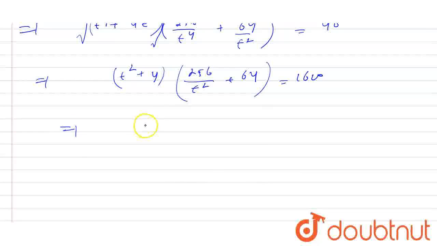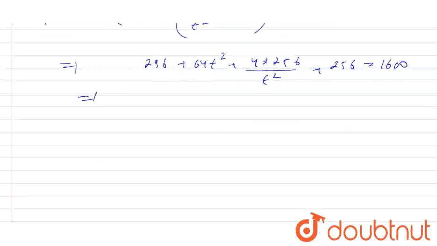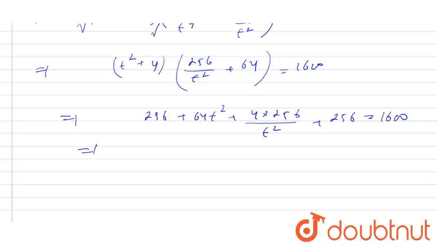So further solving, dividing by 16, this will be 4t square plus 64 upon t square plus 16 is equals to 100.